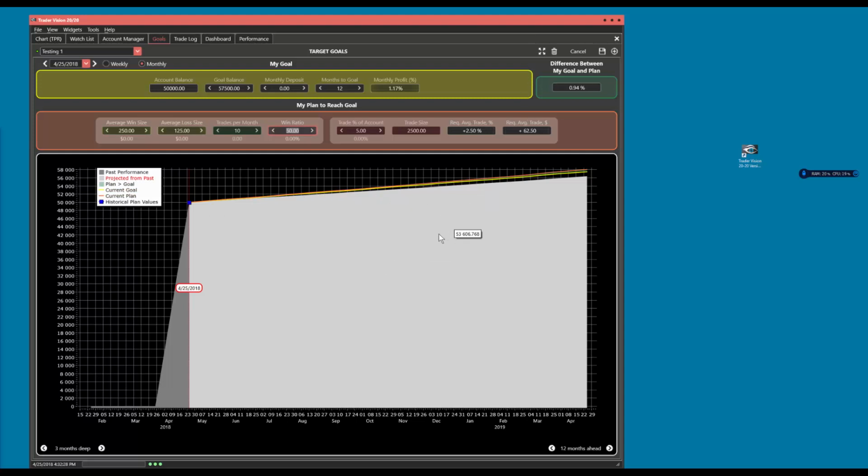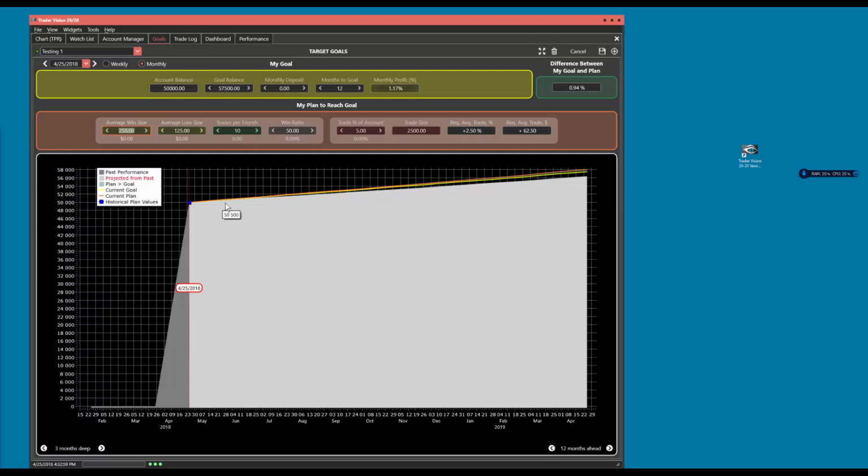That's the whole point. That's really what the goals widget is all about: forcing you to think about your longer-term goals and how you will get there, and whether or not keeping those parameters in sync will get you where you need to go. When you're planning trades, it gives you the tools where you say, I've got to make $250 per trade.